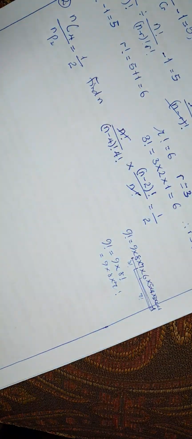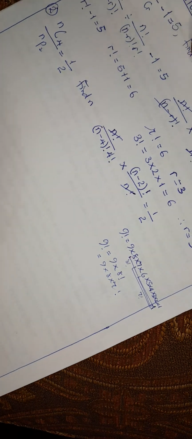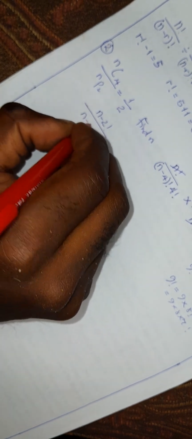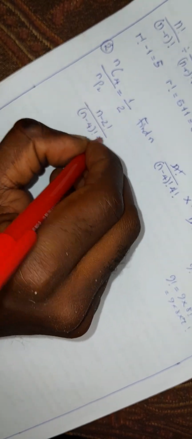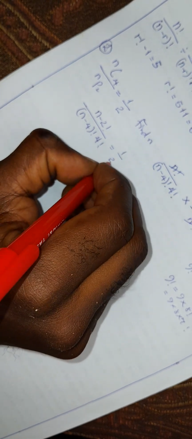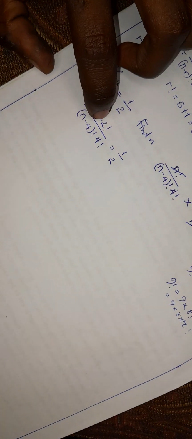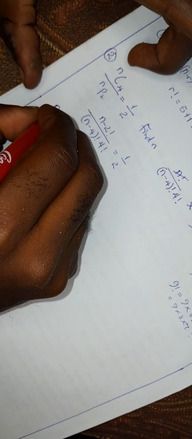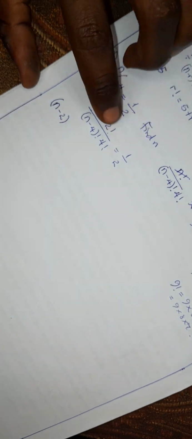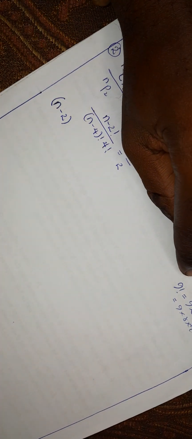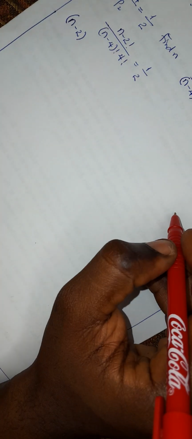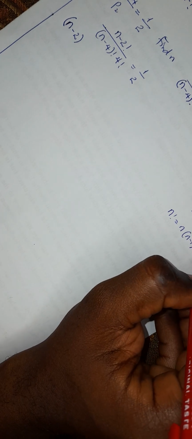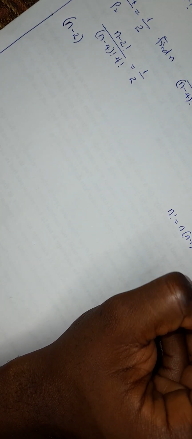This is what I'm going to do for this. We're having n minus 2 factorial over n minus 4 factorial 4 factorial equals 1 over 2. I'll be reducing the numerator by 1. Let me just write the general formula. n factorial equals n times n minus 1 times n minus 2 times n minus 3 factorial.